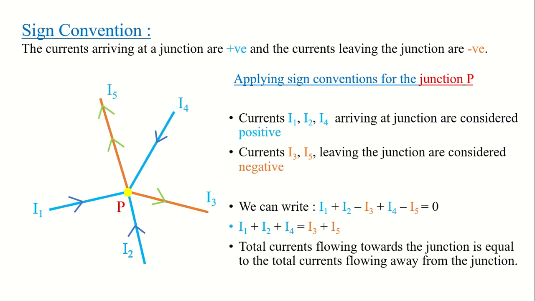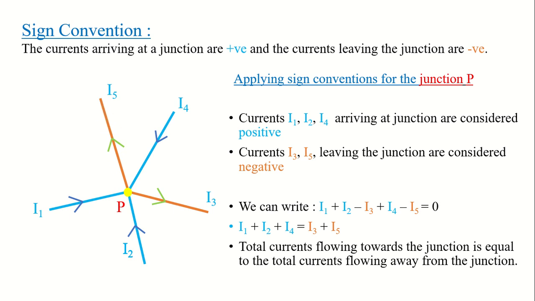The blue lines show current coming to the junction and the red lines show current leaving the junction. So you can see I1, I2 and I4 are coming to the junction, and I3 and I5 are leaving the junction.